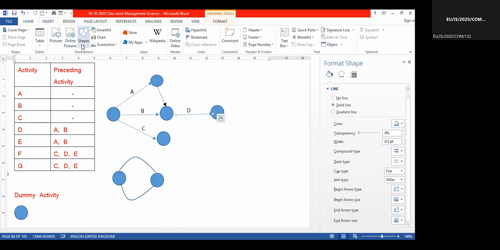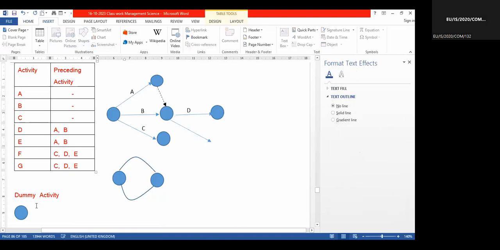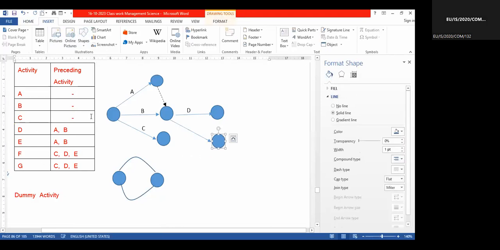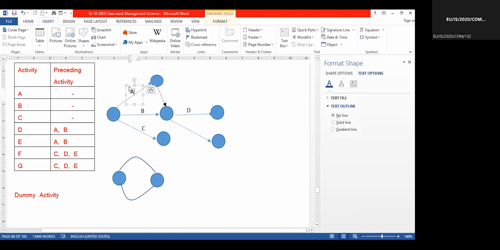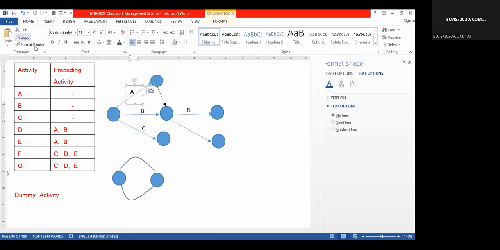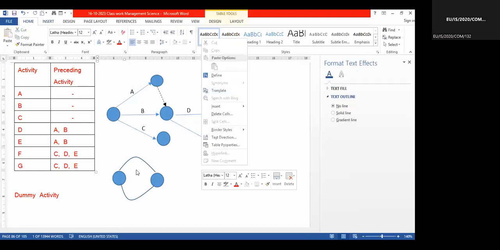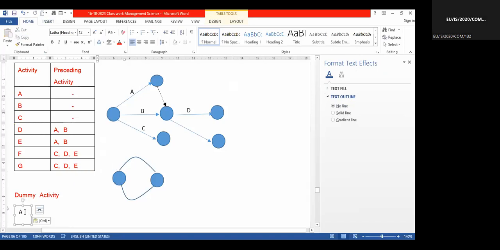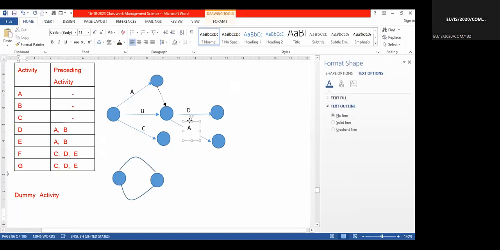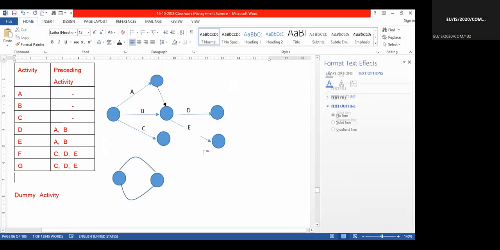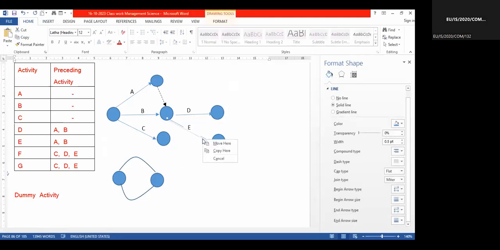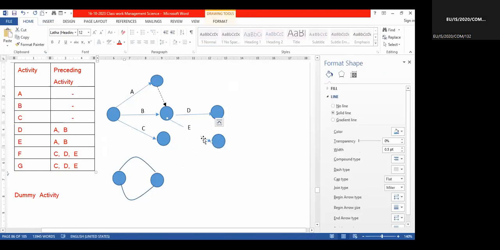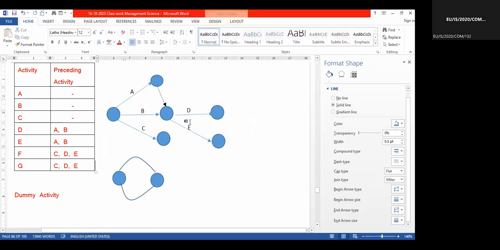So therefore now I am using another arrow mark to denote E. This is about activity E.